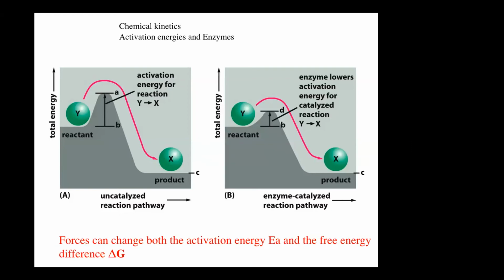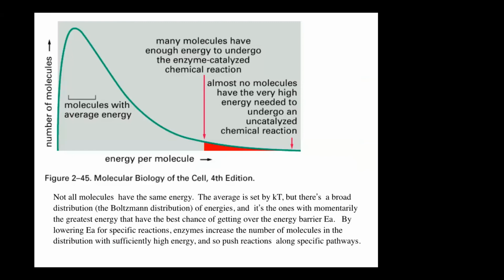And if you lower the energy barrier, you increase that red area, the number of molecules under the curve that have sufficient energy to do that reaction. And the beautiful thing about the thermal heat bath and statistical mechanics is that if you get rid of the high energy molecules, that distribution doesn't change.